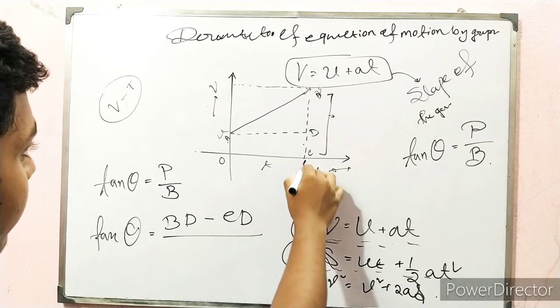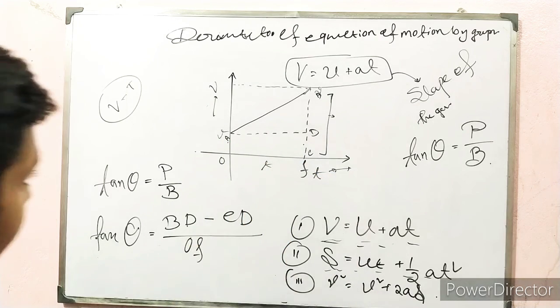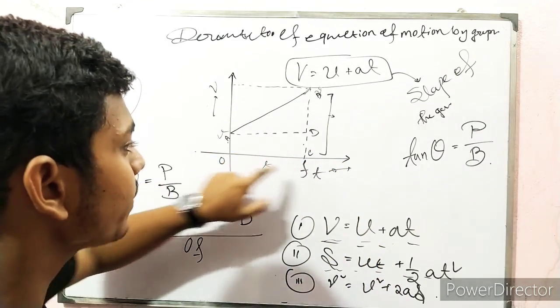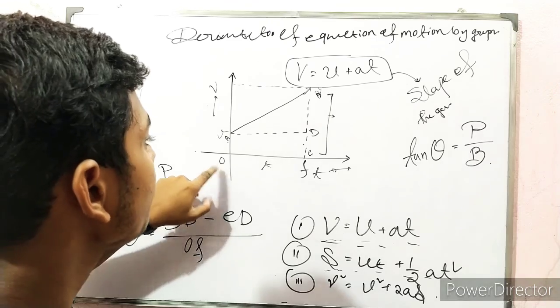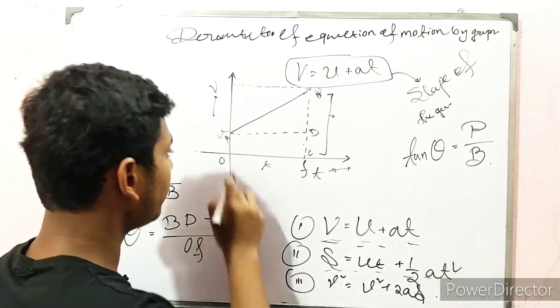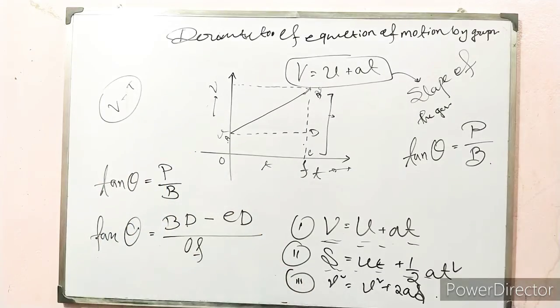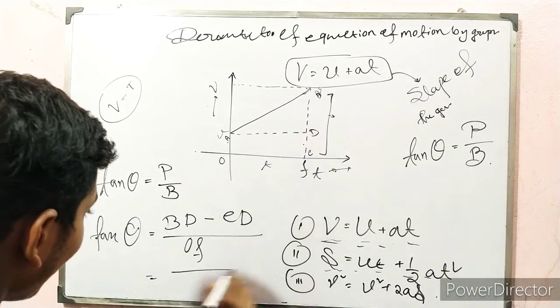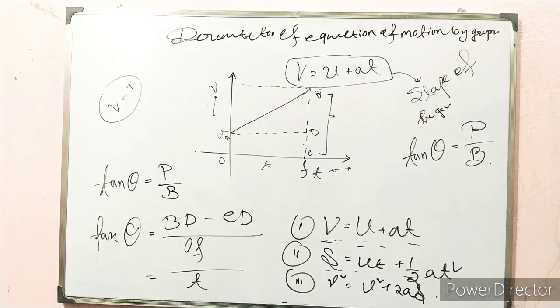It also has a name, that is F. So is OD equal to F? So I will write here OF instead of OD. Okay, so what is OF representing? OF represents t.